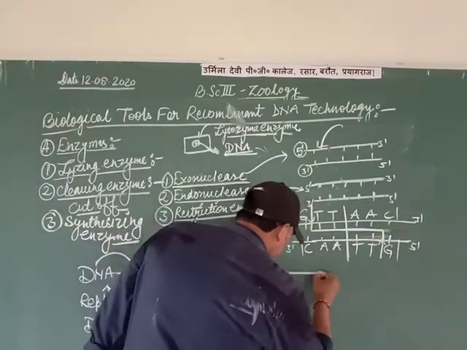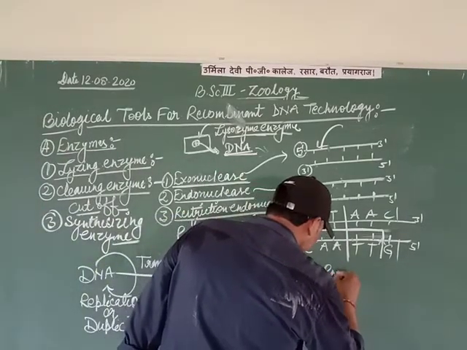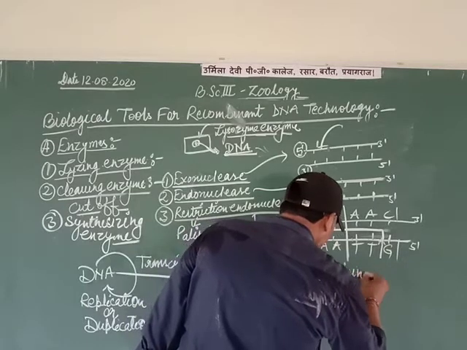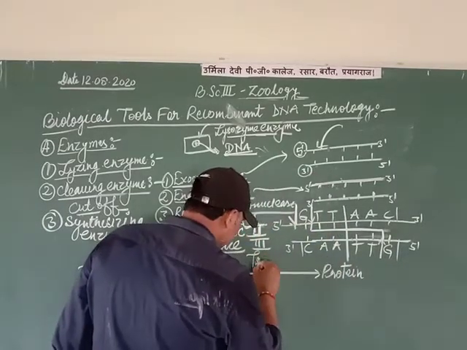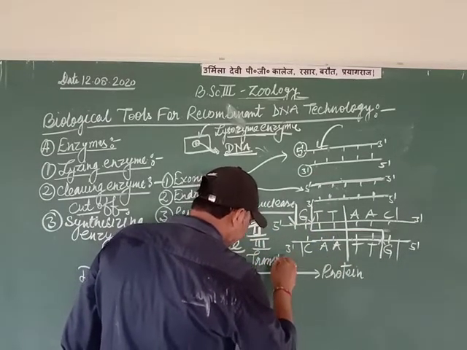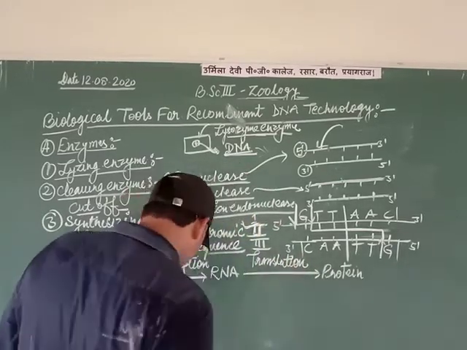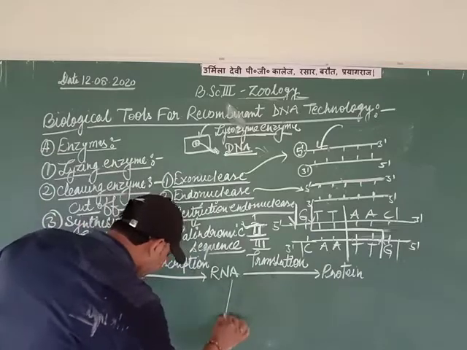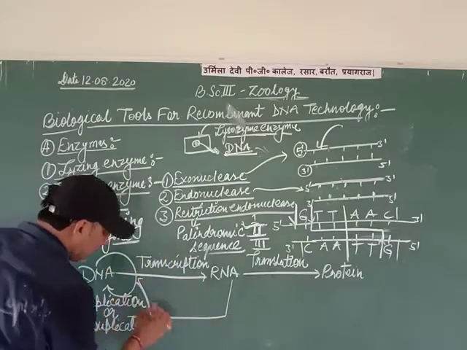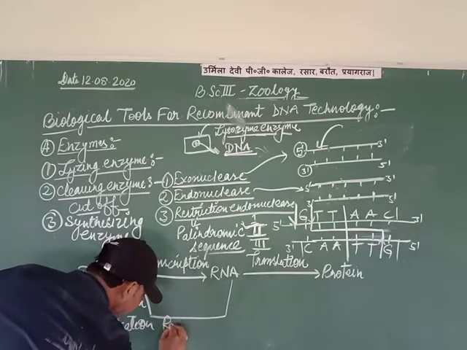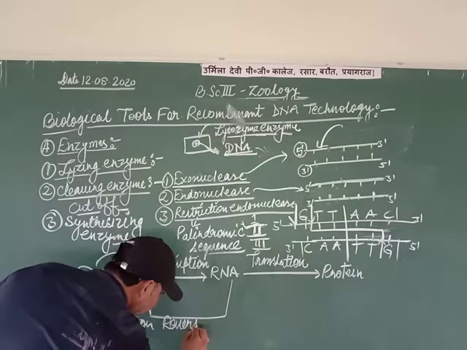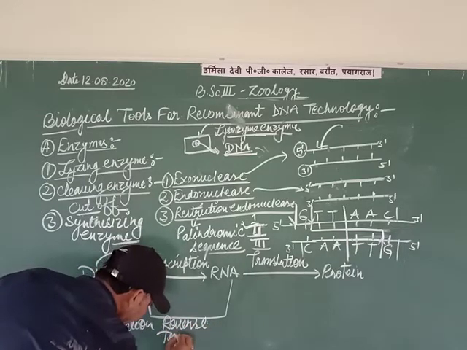RNA to protein is the process called translation. And when RNA makes DNA, the process is the reverse of transcription.